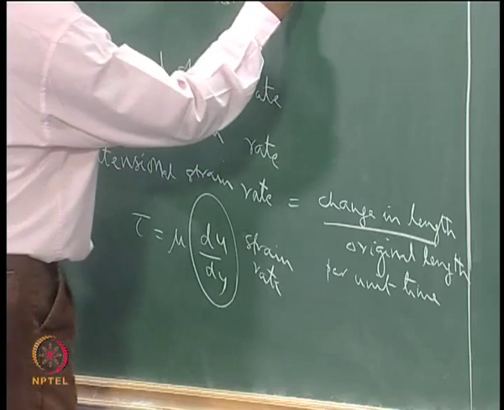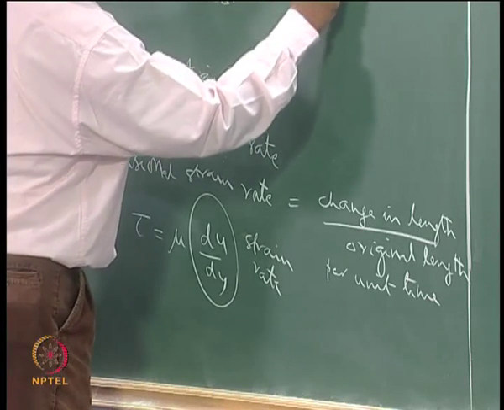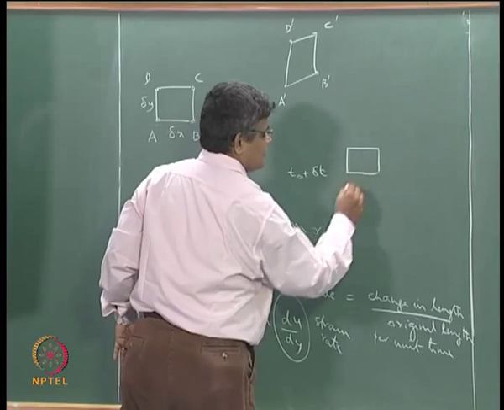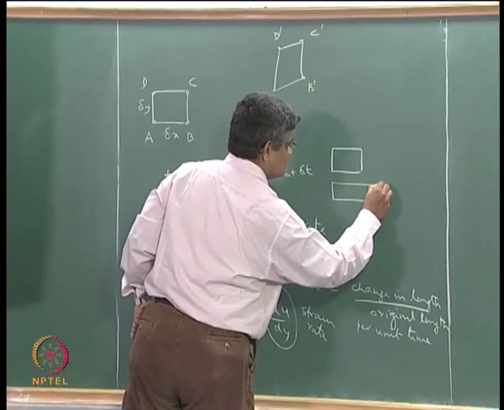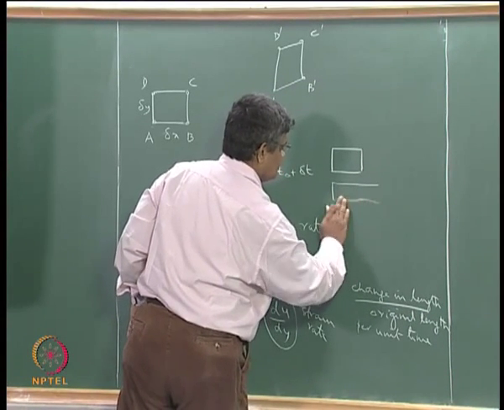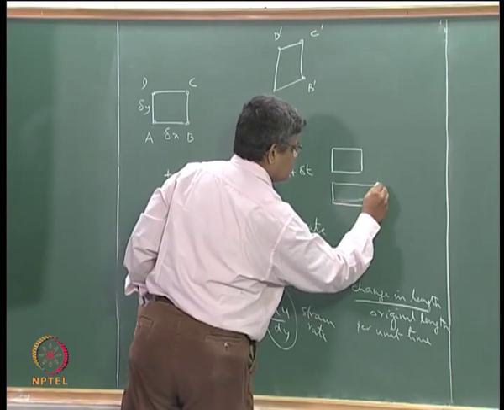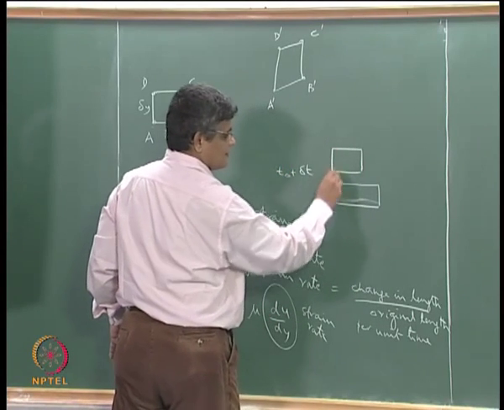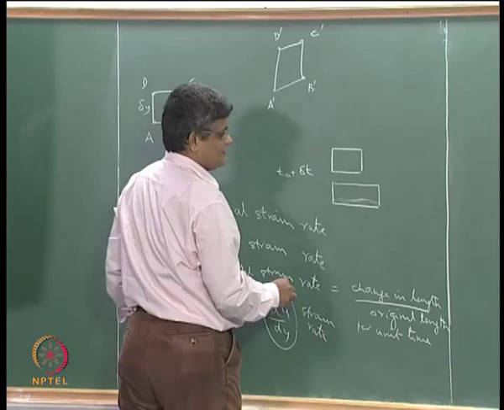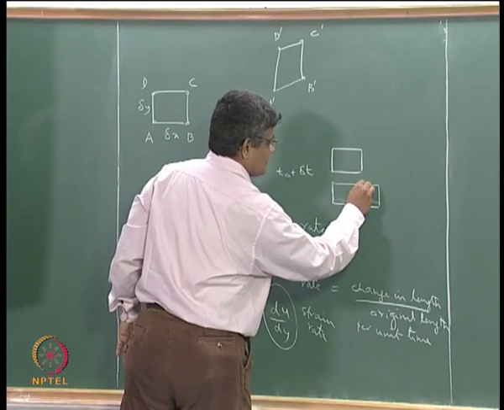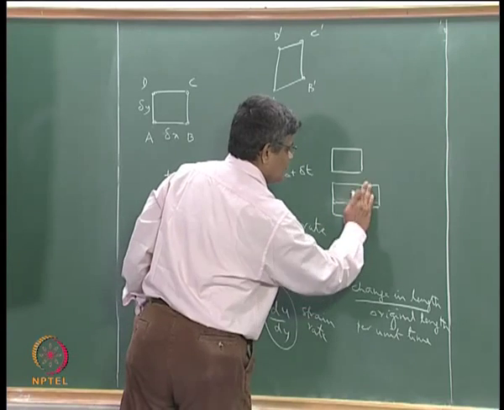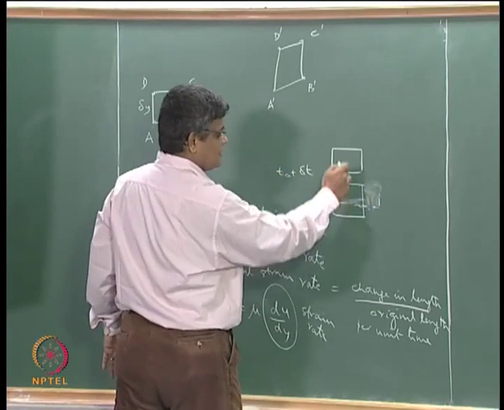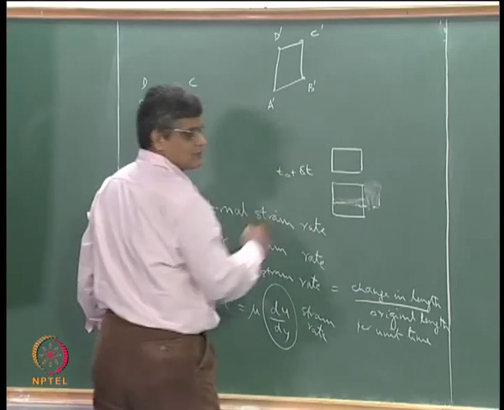For example, extension in x direction only: this is the shape initially, and after some time it becomes like this. So the height remains the same, but the length has changed. And if you consider a strain like this, a change from here to here, this is the extensional strain in the y direction.